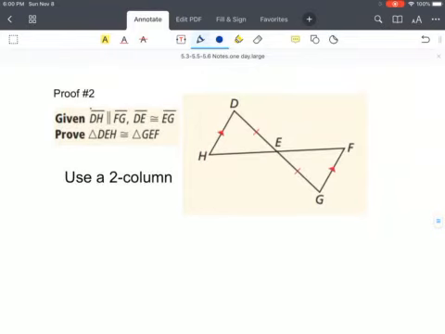Another one here, we're going to do a flow chart instead for this one. I'm sorry, a 2-column, my mistake.